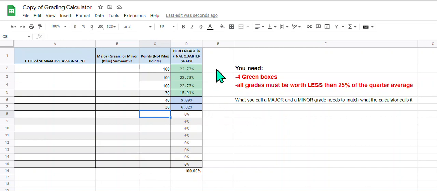For example, let's pretend that this person typed in M, M, M, M, and let's pretend they called that one a major because they thought 40% was enough, and then they called that last one a minor, little m. This whole row here tells you that that's not a major summative. It is, in fact, a minor summative. So she would need to go back into her grade book and make sure it's labeled as a minor.